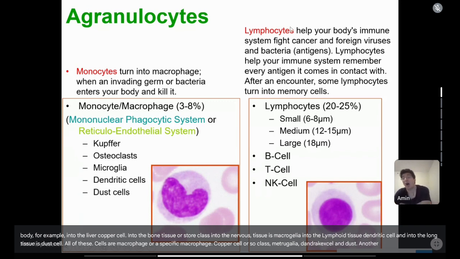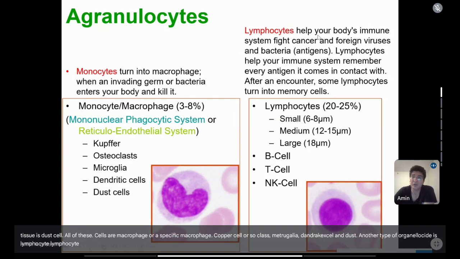Another type of agranulocyte is lymphocyte. Lymphocyte helps your body's immune system fight cancer and foreign virus and bacteria or antigen. Lymphocytes help your immune system remember every antigen it comes in contact with.